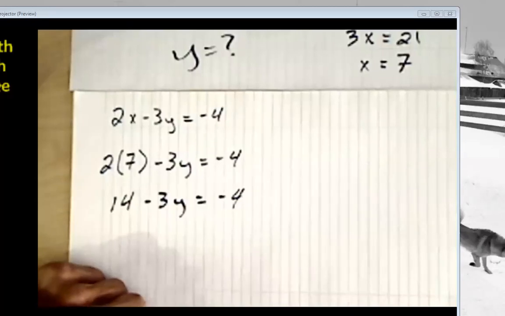Now it's up to you. What happens next? Move the 14, sure.